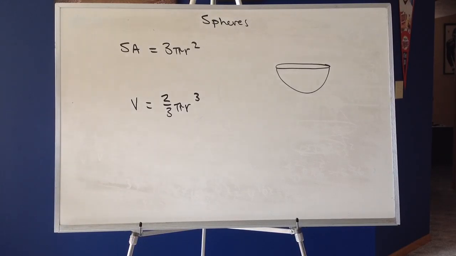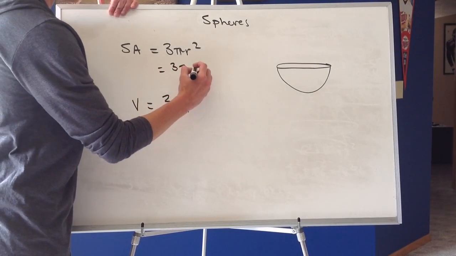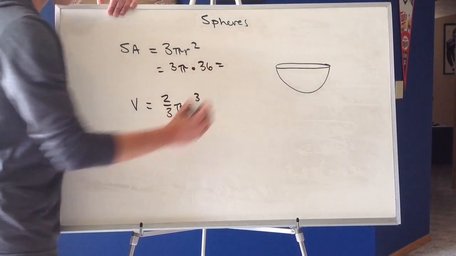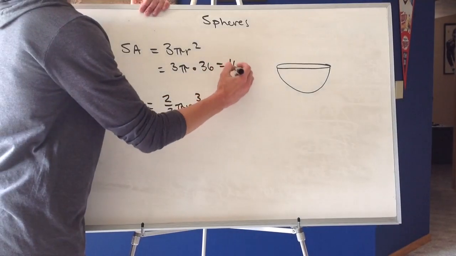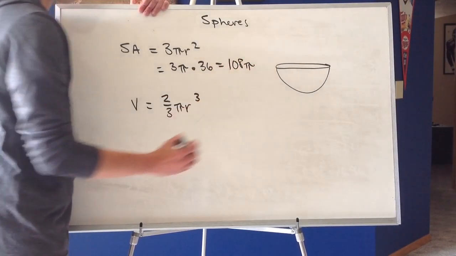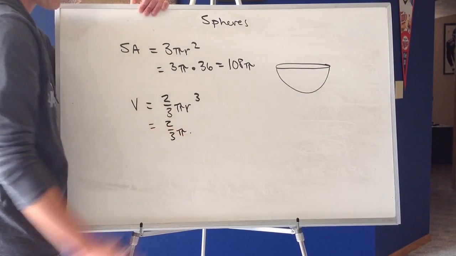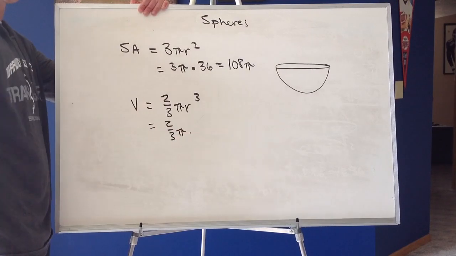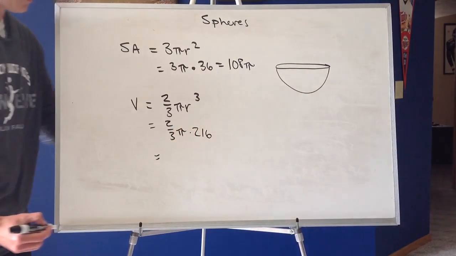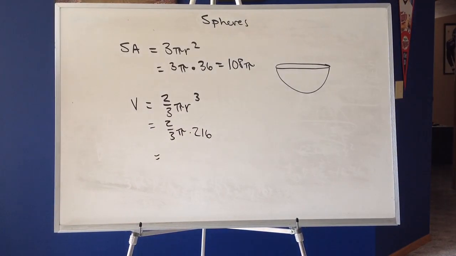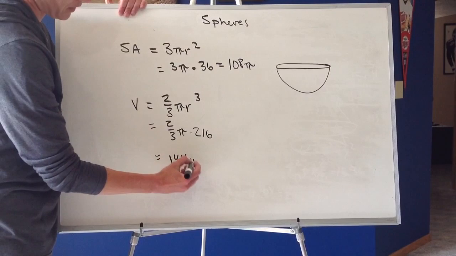So for surface area, it would be 3 pi, 6 squared would give us 36. 3 times 36 would give you 108 pi. For volume, this one we'd want 6 cubed. 6 cubed is 216. If you multiply 2/3 times 216, you'll get 144 pi.